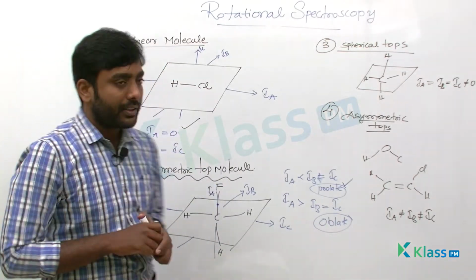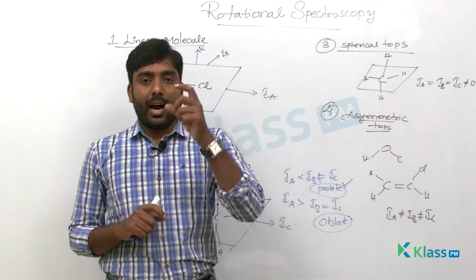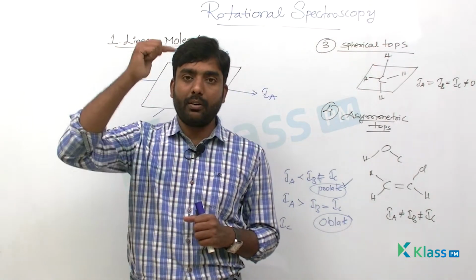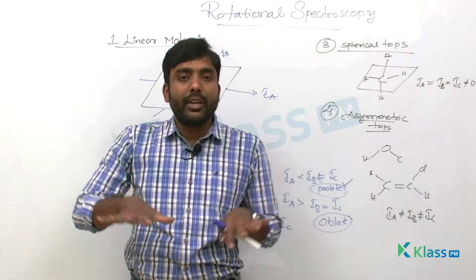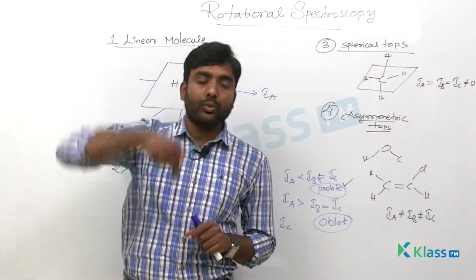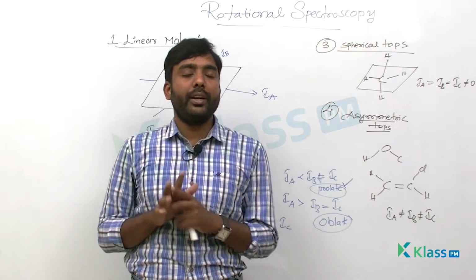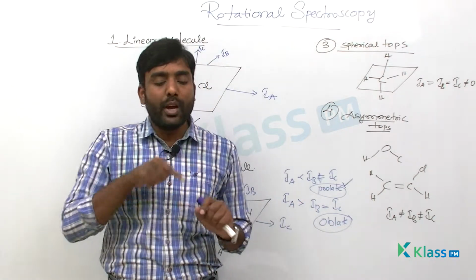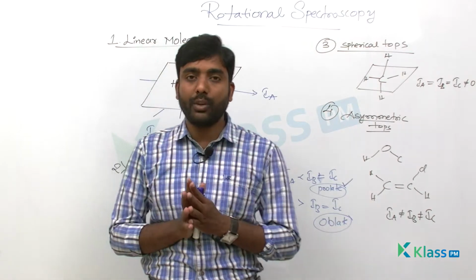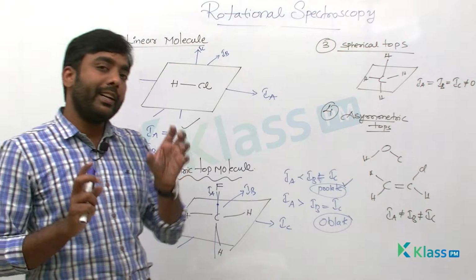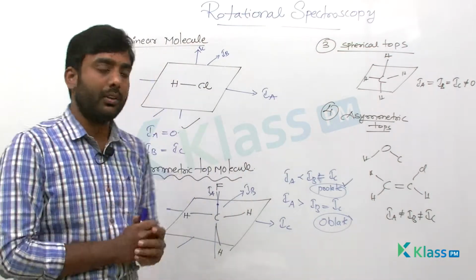Once again, try to understand. IA is going like this. First imagine the center carbon, above it fluorine, and below the plane three hydrogens. First one is going through the fluorine and carbon. So what happens? Here the relative position of fluorine and carbon is not changing, only the hydrogen positions are changing. So the moment of inertia will not be 0, but it is not greater, it is very small.